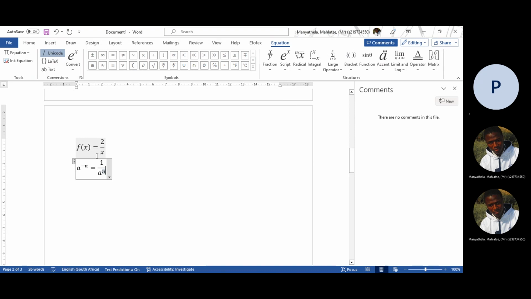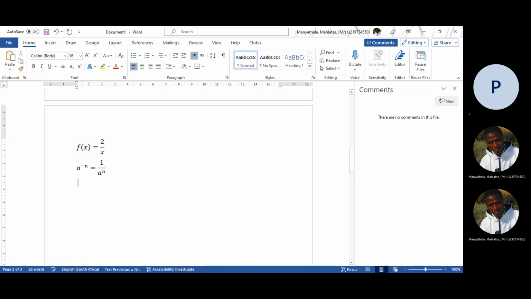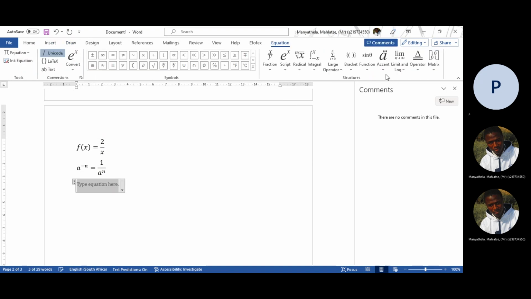the first thing that you're going to do using rules is write it as a to the exponent negative n. So let's take 2 over x and write it as a to the exponent negative n. If you write 2 over x as a to the exponent negative n, what will you have?